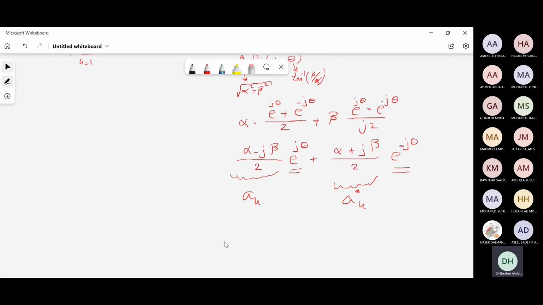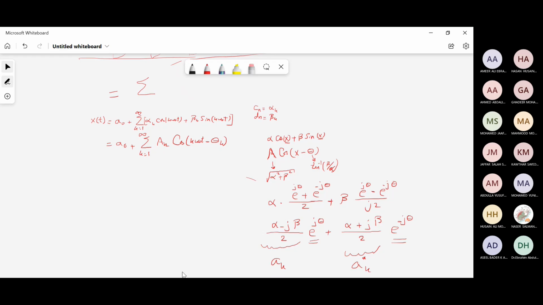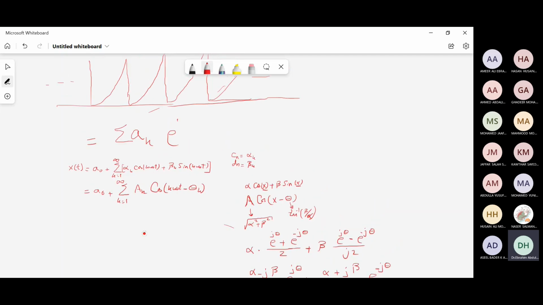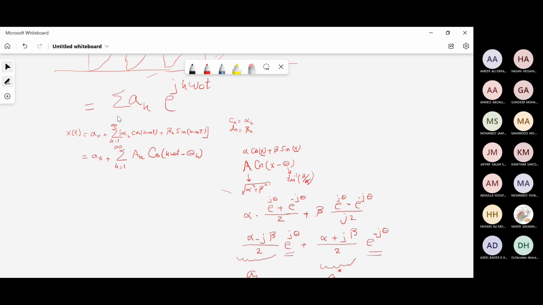We can write this as the summation of Ak e to the power of j theta, where theta is the angle, equal to k omega naught t, for k from 1 to infinity.